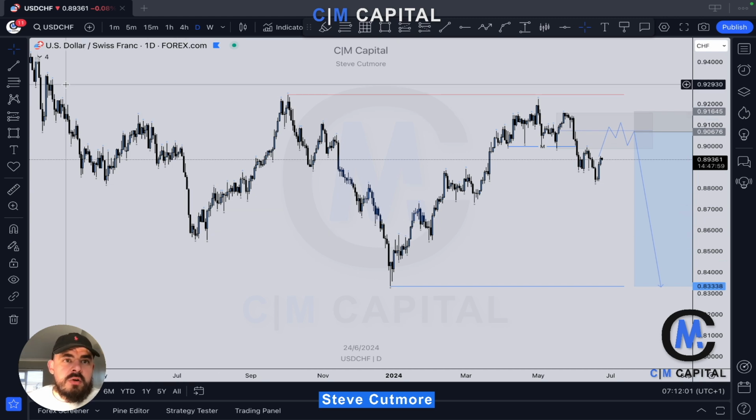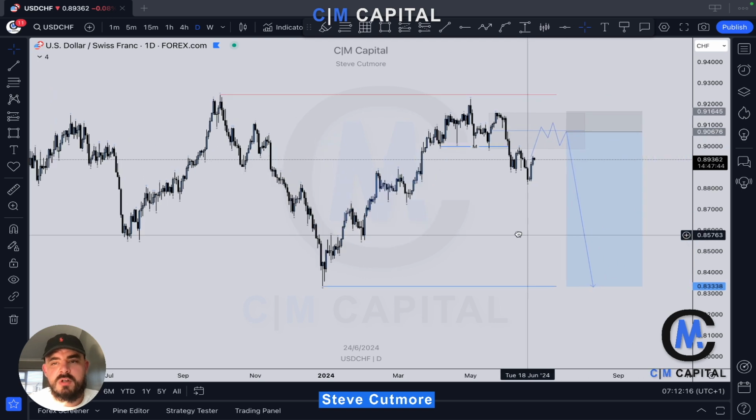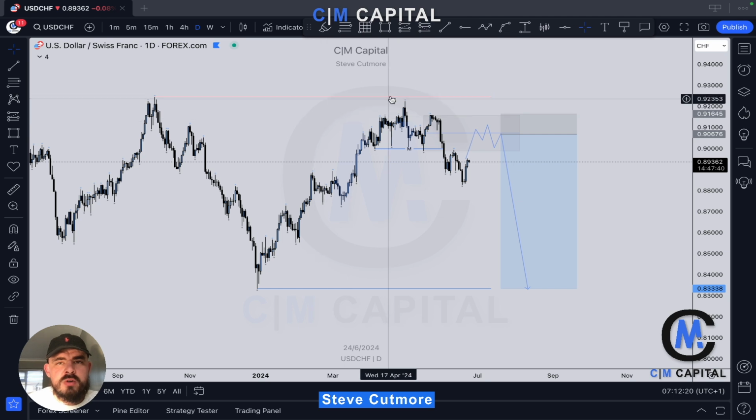Overall, we break on the higher time frame. We are breaking in a nice bearish move. We are breaking these lows here, creating invalidation areas at the highs, breaking lows, and I'm expecting a long-term move to the downside on this pair. We almost came to the invalidation area, but we had some sweeping liquidities. We've had some breaks down.